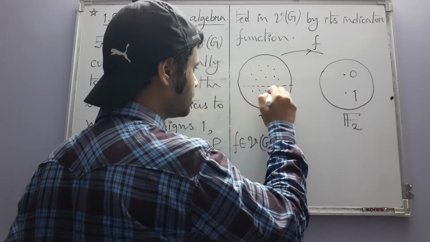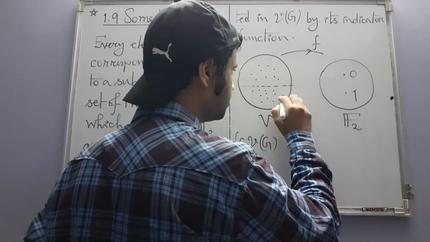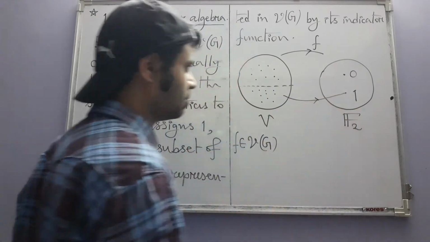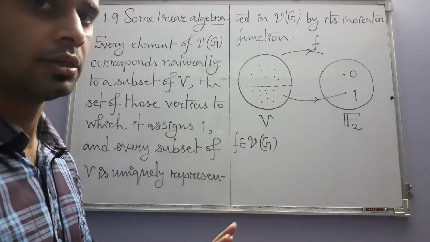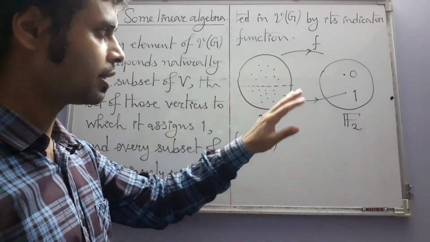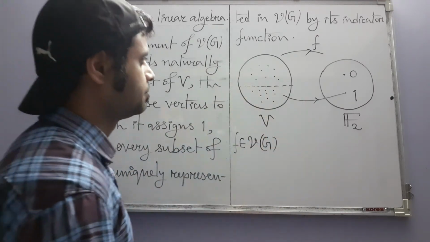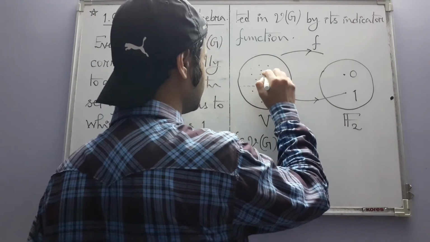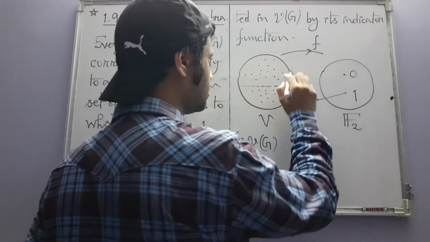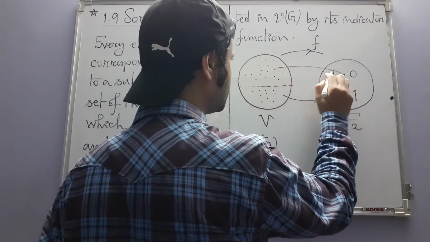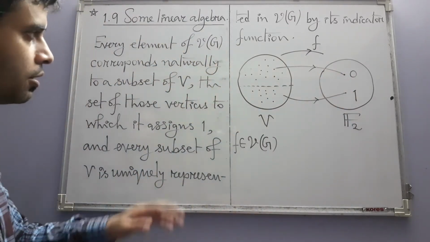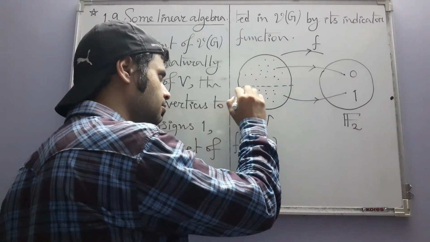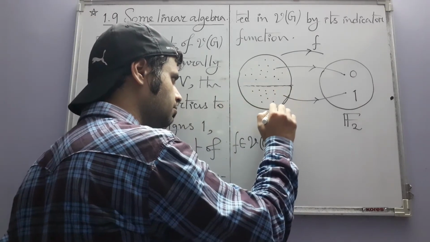So these vertices are assigned 1 by F. That means each one of them is mapped onto 1 by F. F of each one of them is equal to 1. Whereas there are possibly some other vertices, each one of which is mapped onto 0. So the author is talking about this subset of V.